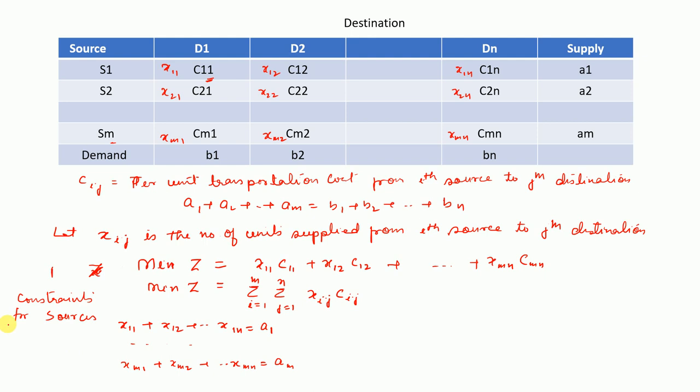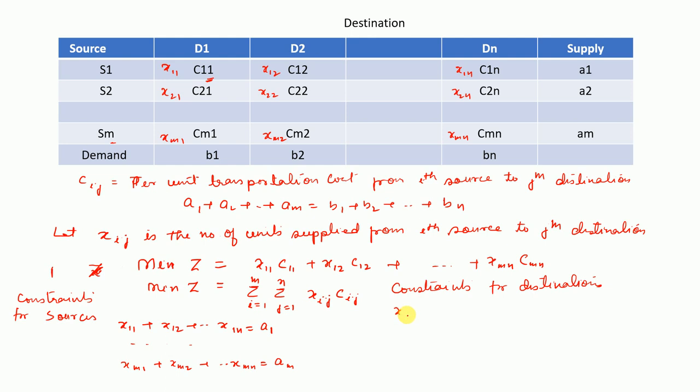Similarly, you can write constraints for destinations. For each destination, the demand must be met.